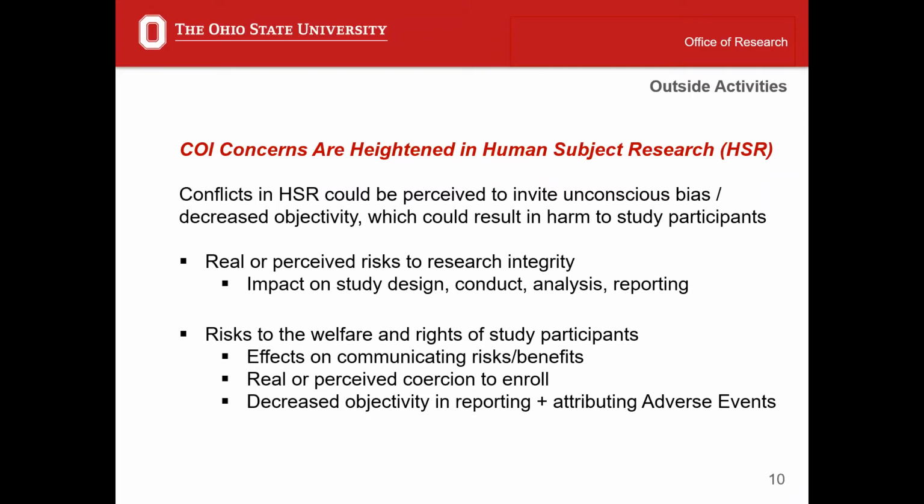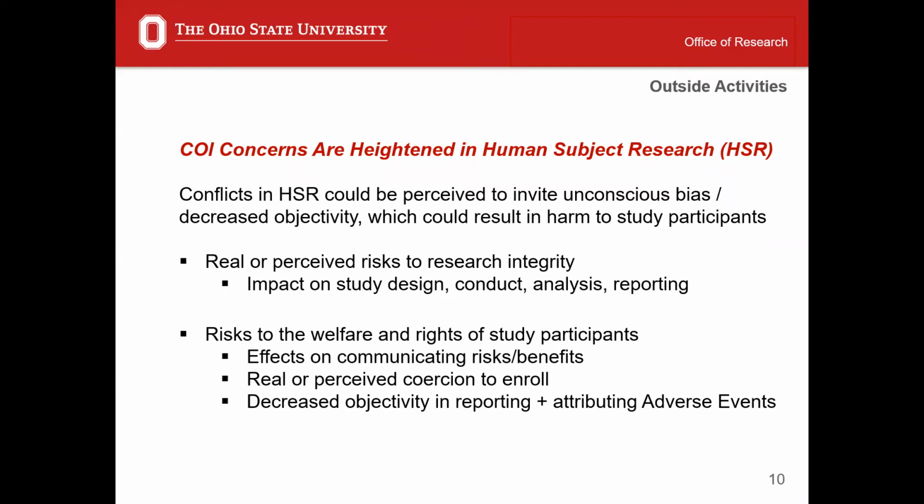And back to human subject research. One thing to mention here is that conflict of interest issues are generally heightened when it comes to their existence in human subject studies, because basically the stakes are not only the impact on study design, the conduct of the research, the analysis, and the reporting of the research results, in a nutshell, the integrity of the research, but there are also potential or perceived risks to the rights and welfare of study participants.